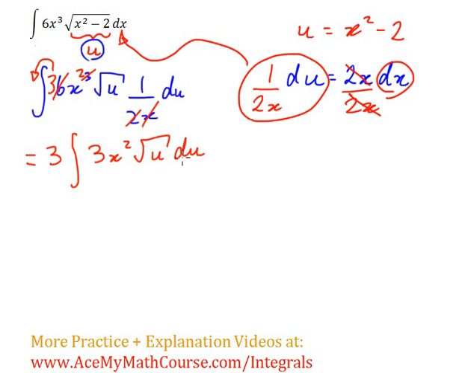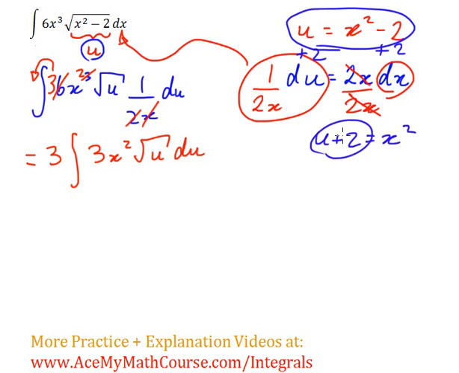Of course, we don't want to see an x here anymore, let alone an x squared. So let's actually just rewrite the x squared in terms of u. We know that u is equal to x squared minus 2. So I can just add 2 to both sides of the equation, and I get u plus 2 is equal to x squared. So I can take that and replace it right there.